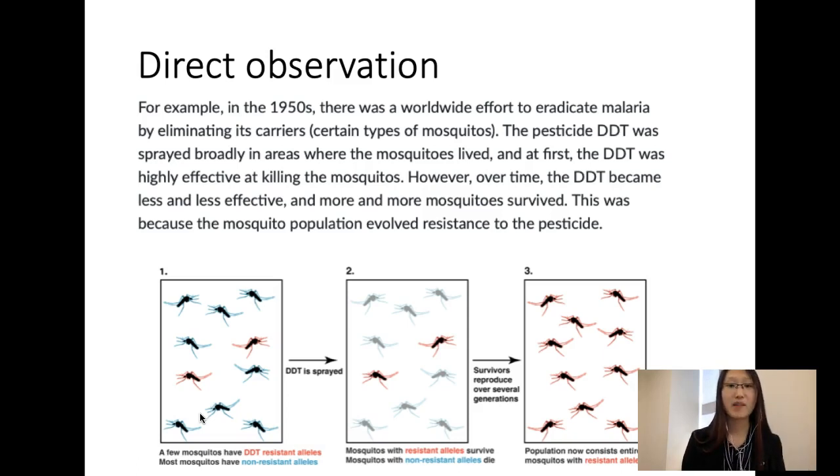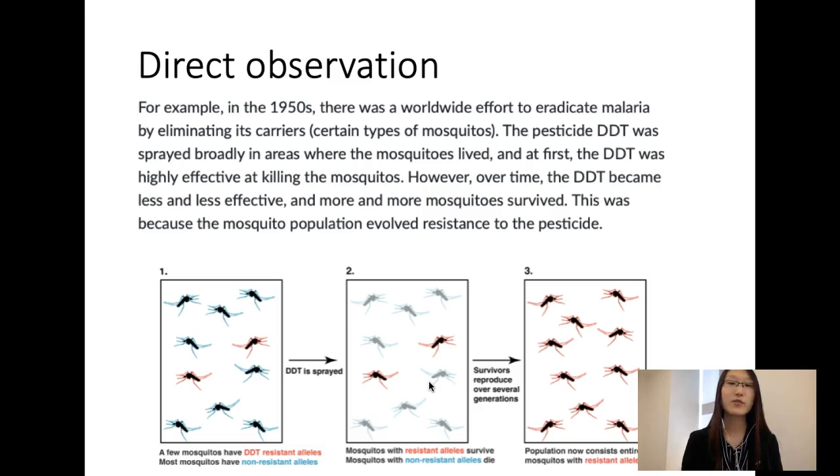But then after a while, those resistant mosquitoes were able to survive and reproduce. And then all we have left are mosquitoes that are very resistant to the pesticides, so we can no longer use it because they're not very effective anymore. So this process, remember, evolution is the change in allele frequencies over time.